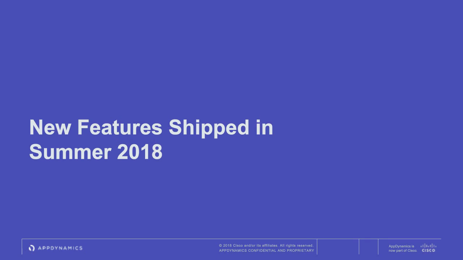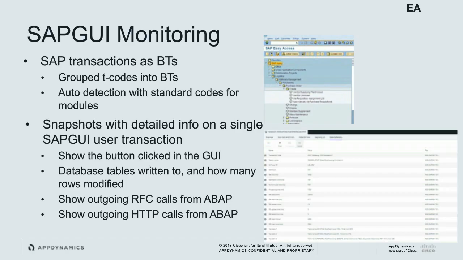But some of the other things that we've been improving, the thing that we will demo is our SAPGUI monitoring, where we can actually take a look at transactions specifically in SAPGUI from the dialog processes, looking at them in terms of business transactions. So we can actually group or look at individual T codes.